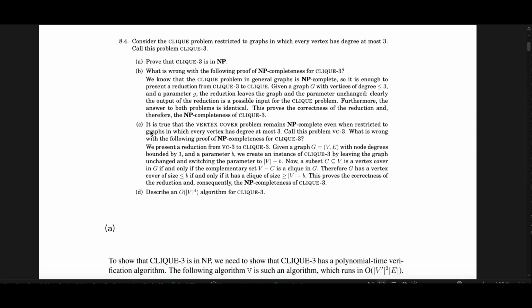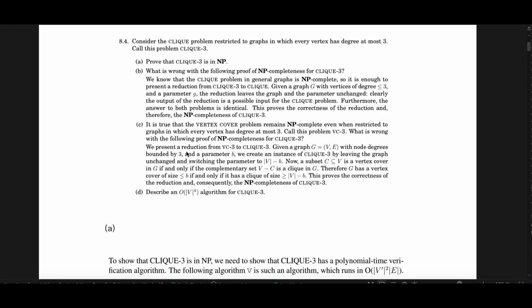And the third question is: it is true that the vertex cover problem remains NP-complete even when restricted to graphs in which every vertex has degree at most 3. Call this problem VC-by-3. What is wrong with the following proof of NP-completeness for Clique-by-3?